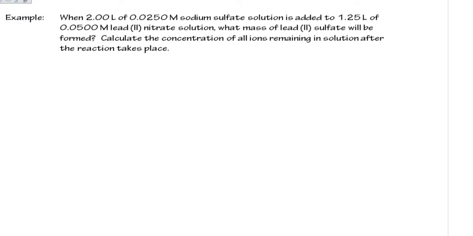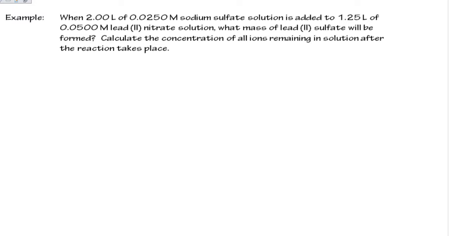I love this problem. I have 2 liters of a 0.025 molar sodium sulfate solution added to 1.25 liters of a 0.05 molar lead nitrate solution, and I want to know what mass of precipitate is formed. I know that one of my products is going to be sodium nitrate, and anything with sodium, anything with nitrate is aqueous.